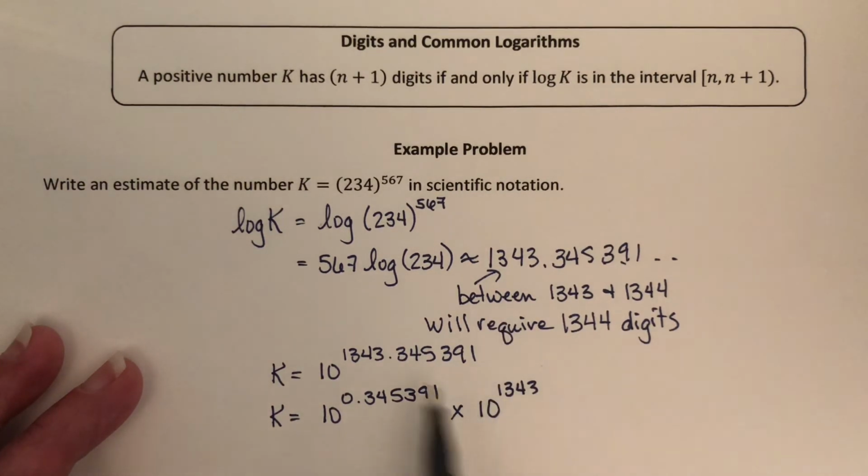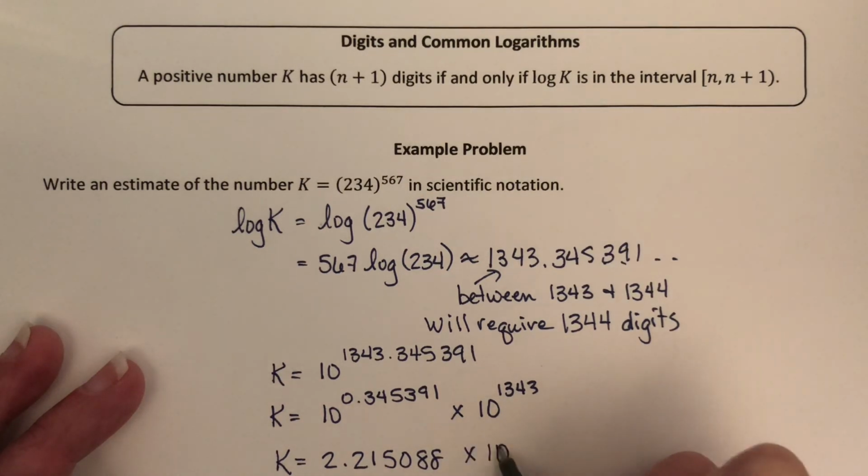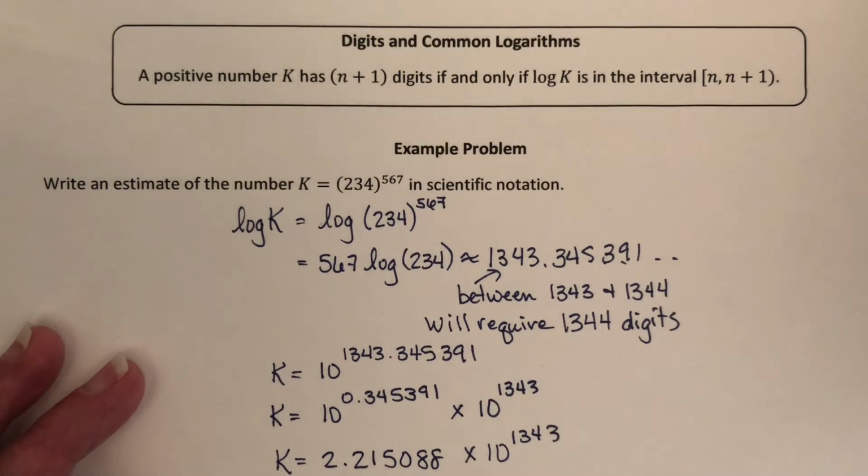If you add these back together, you get this, and we're allowed to do that with exponents. Now get a decimal approximation for this and keep this. And you have your approximation in scientific notation.